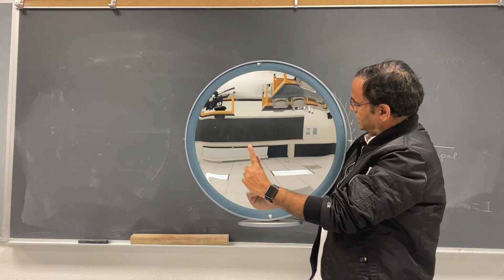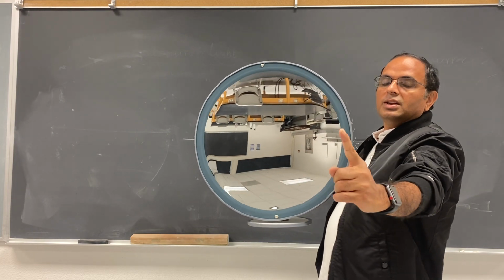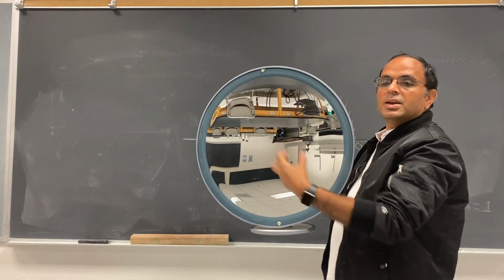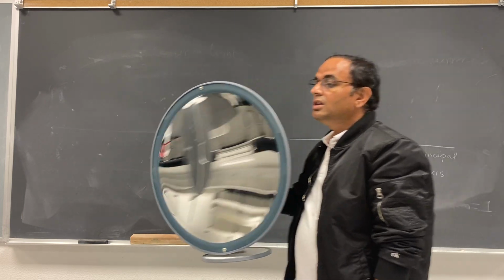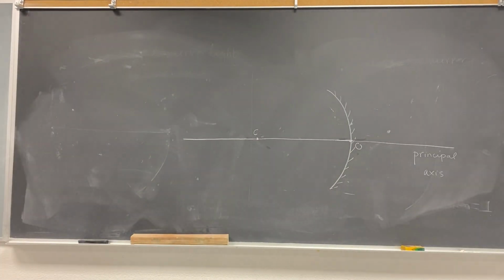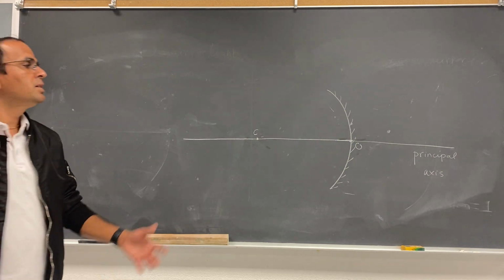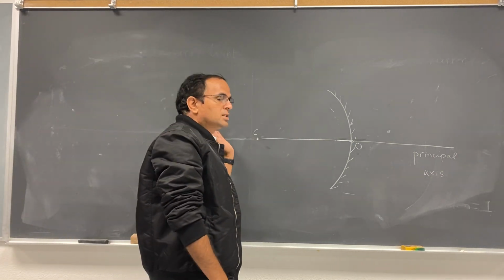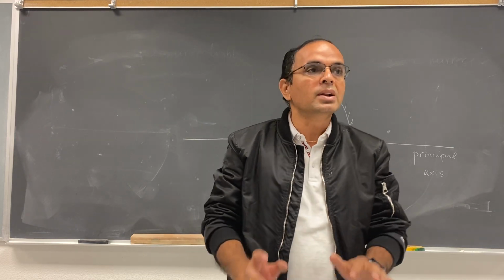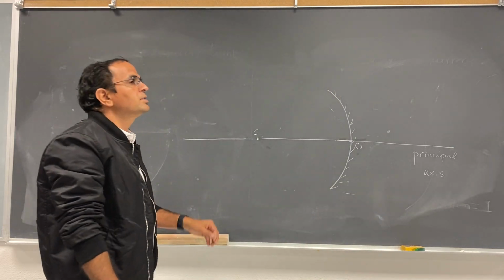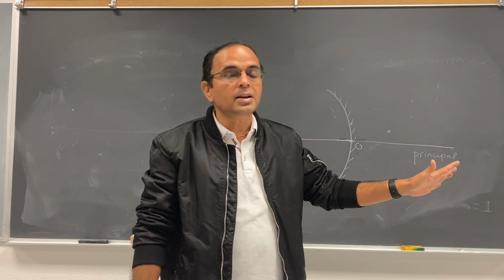So if you keep the object here, or if you keep the object really far, the size of the image is different, and the nature of the image is also different. So if you keep the object in front of the concave mirror at different positions, you get different natures of image. Now let us suppose your object is really very far.